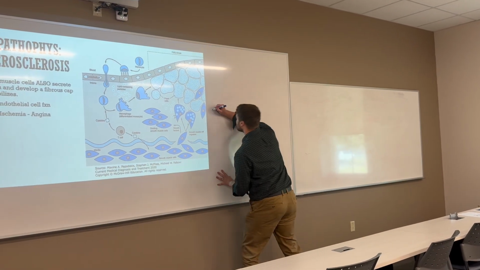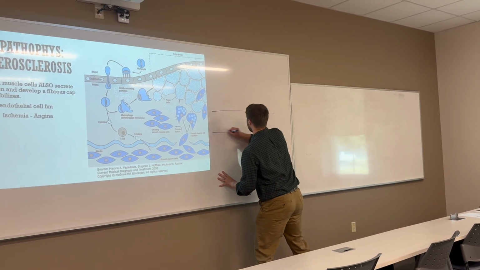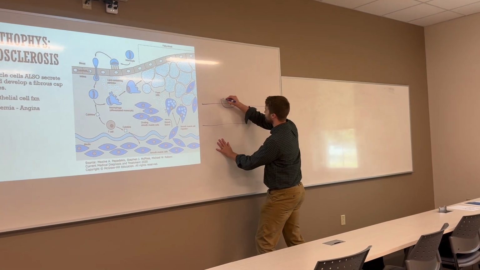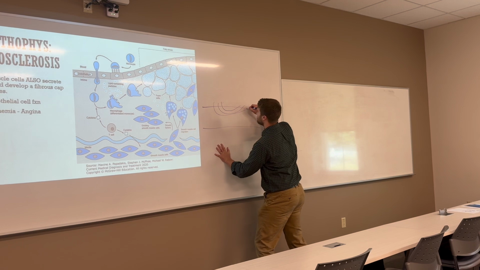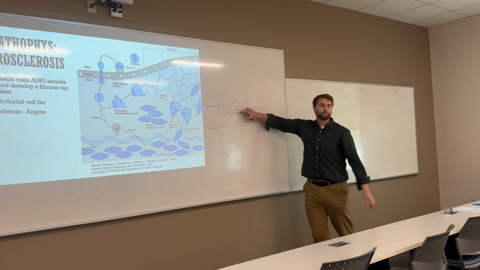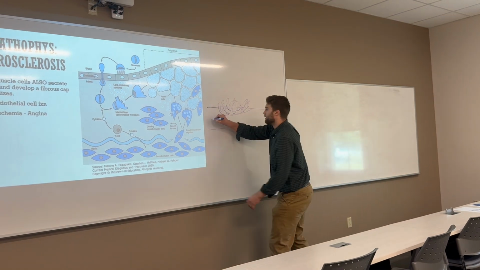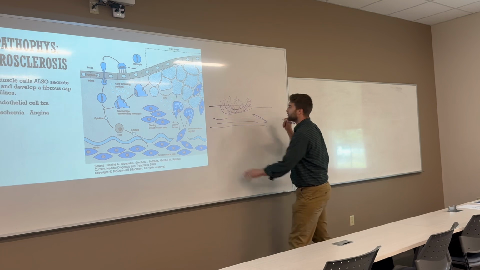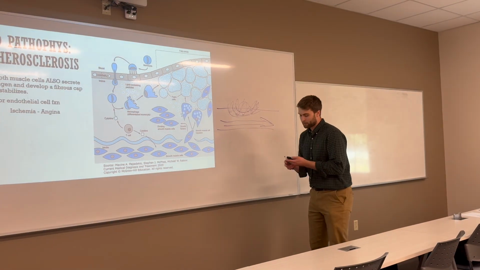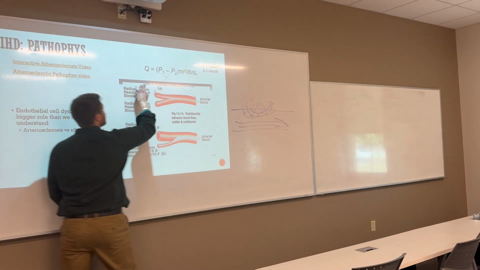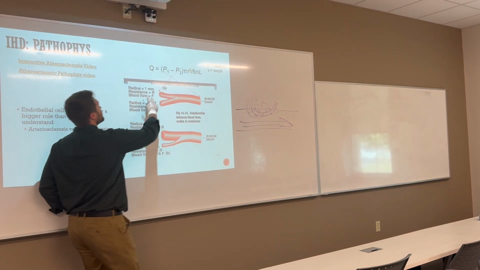So what happens is that you have your blood vessel, okay? And this fibrous cap ends up growing further and further inside your blood vessel, okay? And what does this do to your blood vessel? It's impeding all the blood that can flow through this blood vessel. And remember when we went over, what affects flow?